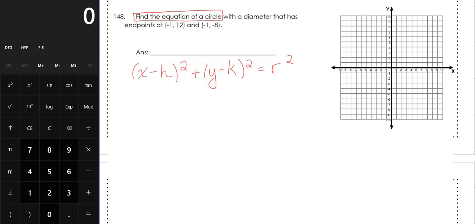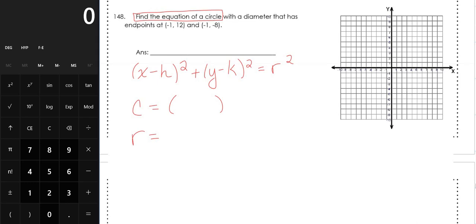The only two things that you need in order to write the equation of a circle are your center and your radius. If we can get those two things, we can write the equation of a circle. Now, what did they give us?